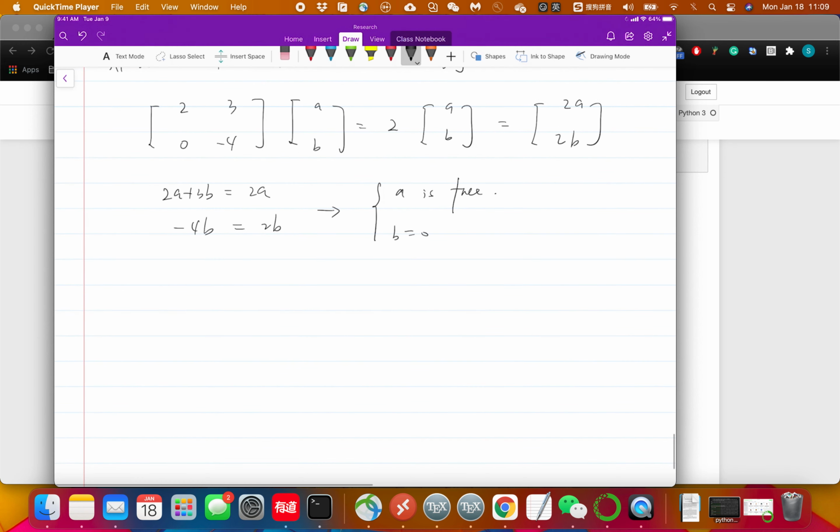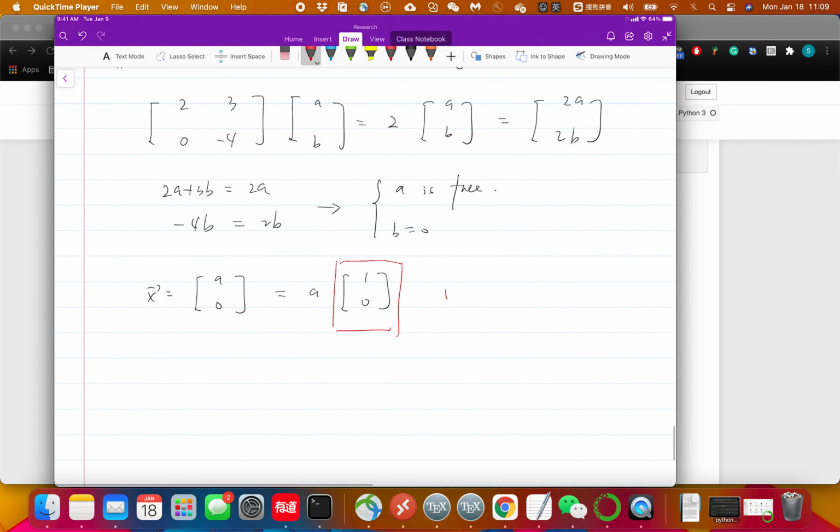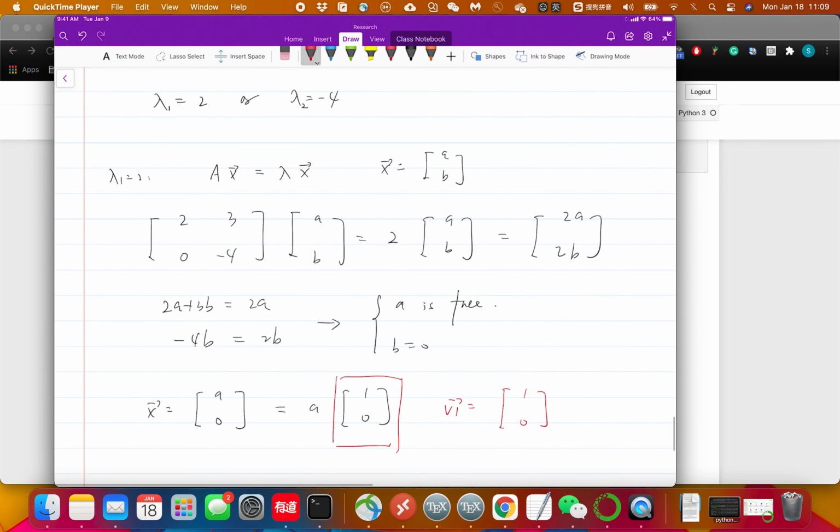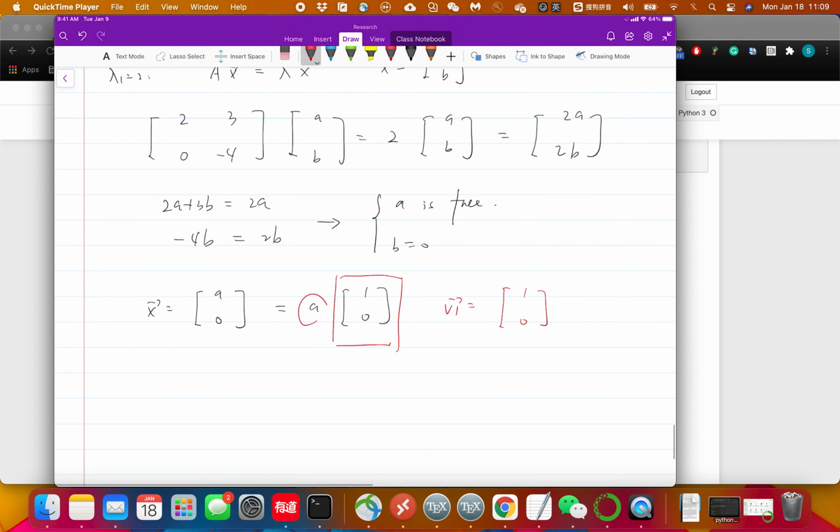So the vector looks like a times (1, 0). So this is going to be your vector v1, the eigenvector for eigenvalue lambda 1 equals 2. What about a? Well, it's not hard to prove.